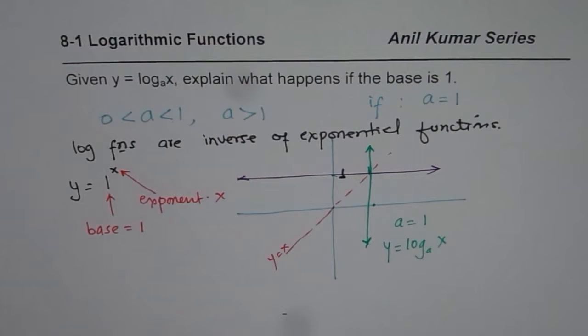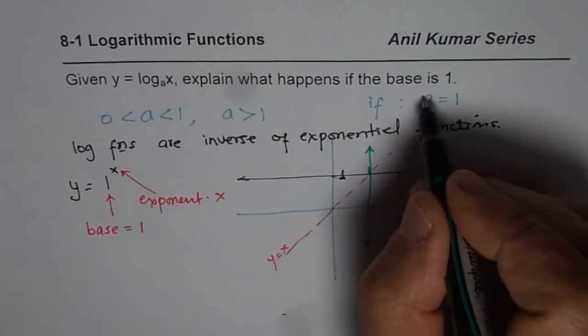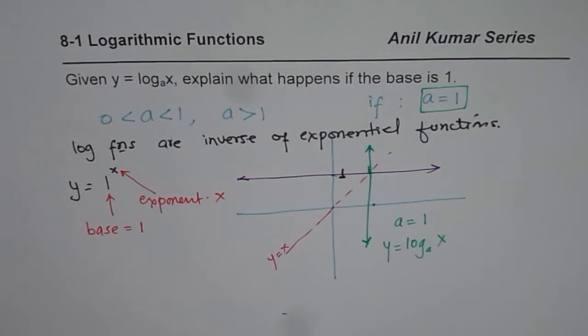It is not increasing all the time as we had been considering logarithmic functions, right? So it does not have the characteristic features which we look for in a logarithmic function, and that is the reason why we have restricted the domain of the base, and we say the base a cannot be equal to 1, correct?